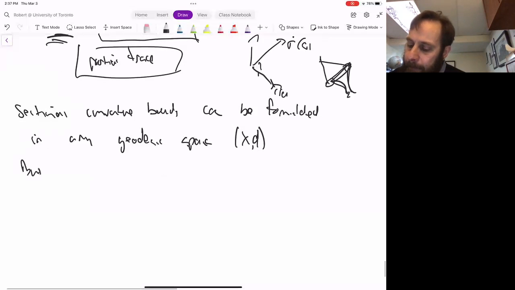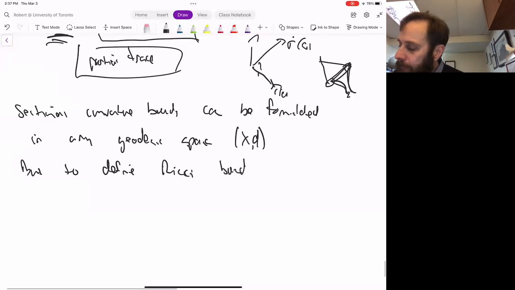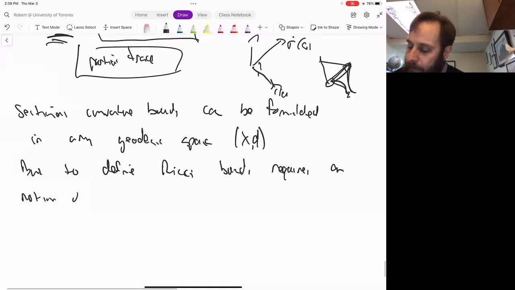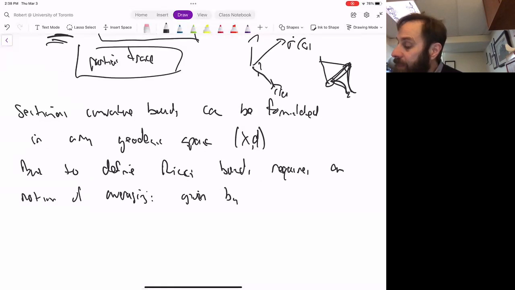But to define Ricci bounds requires a notion of averaging. And that's going to be given by fixing a measure, a reference measure, which doesn't need to be a probability measure.